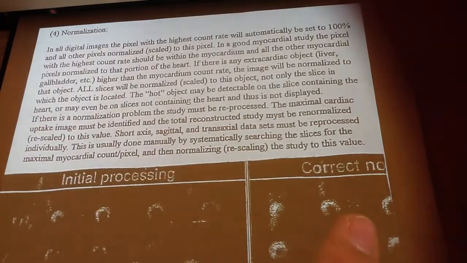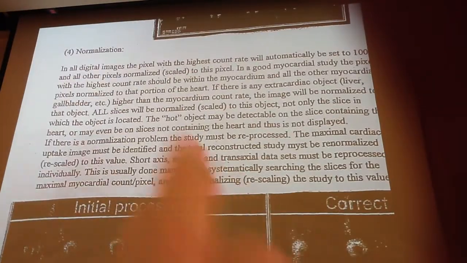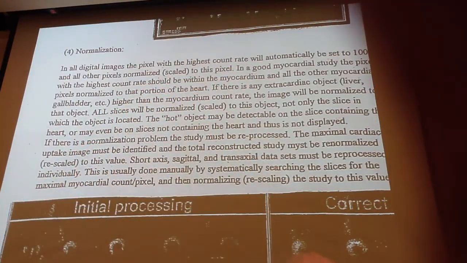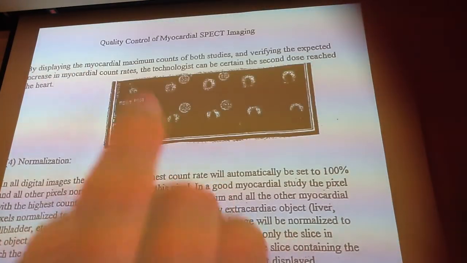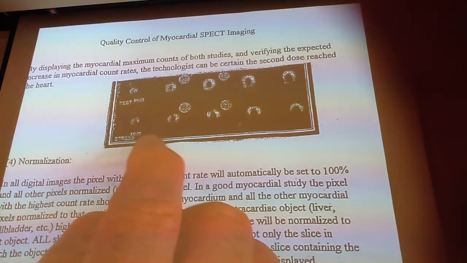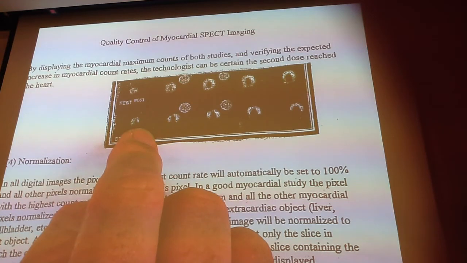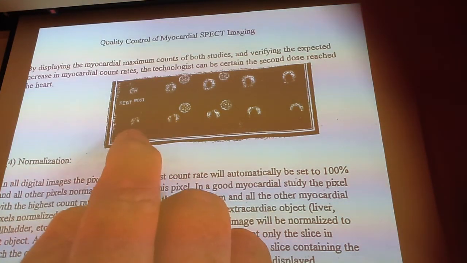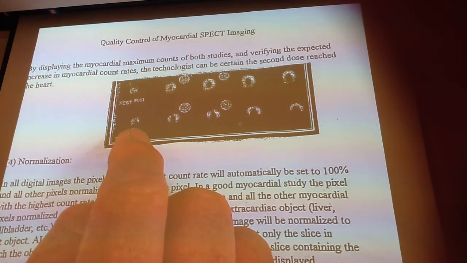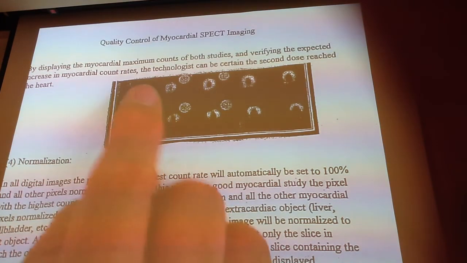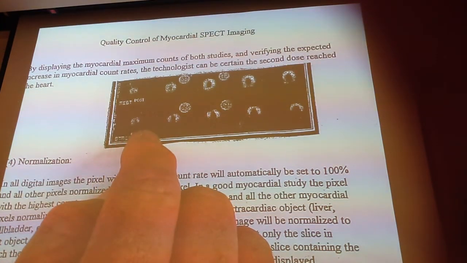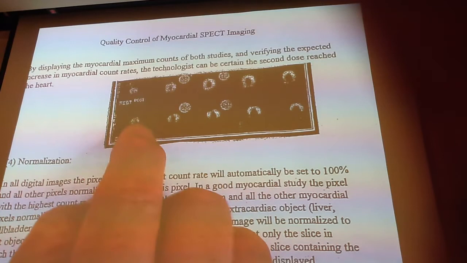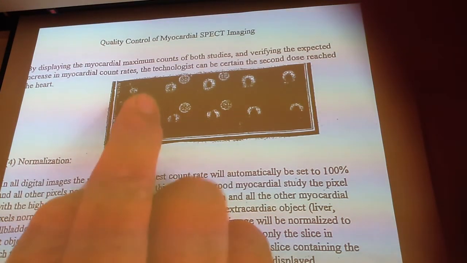The other thing, normalization. To understand what normalization means, if you were to take the rest picture here that has 10 millicuries and compare it to the stress with 30 millicuries, this one would be 3 times brighter, wouldn't it? Because of the counts. Normalization adjusts the display intensities so that they look the same. That's all normalization means.